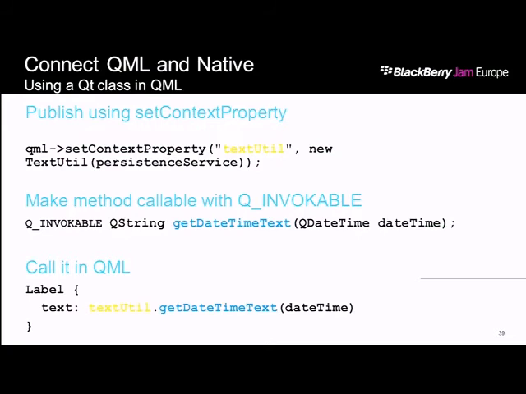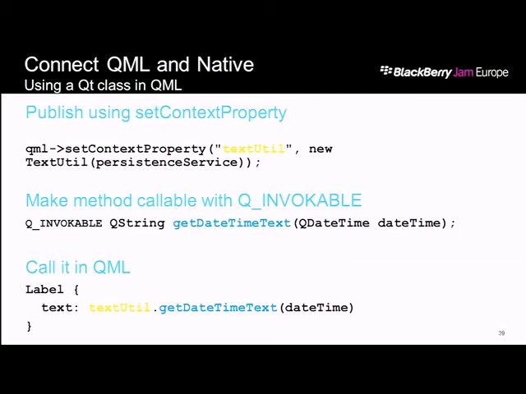Then, you can publish utility classes, for example, by using setContextProperty. So in this sample, we wrote a textutil class to format strings, for example, and do all the things that are a bit difficult in JavaScript. And you can see there the yellow textutil, that's the name of it in the QML file. And in QML, you can just use it with textutil dot and then the function name.